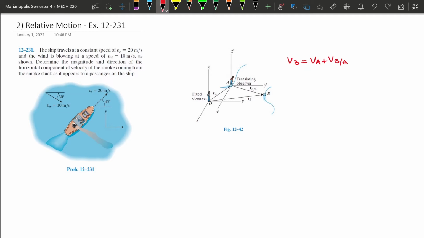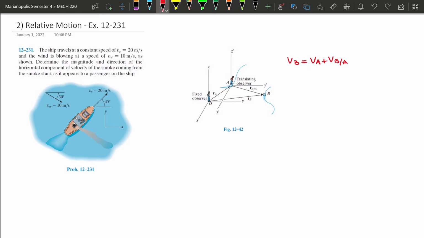Looking at figure 12-42, we have our fixed frame of reference at point O, your observer. At A, you have an observer that's moving, and at B, you have another moving point. So from O, you can see that A and B are moving.